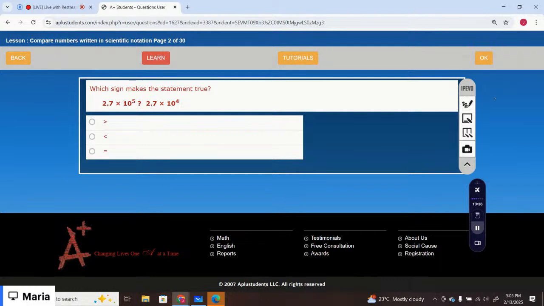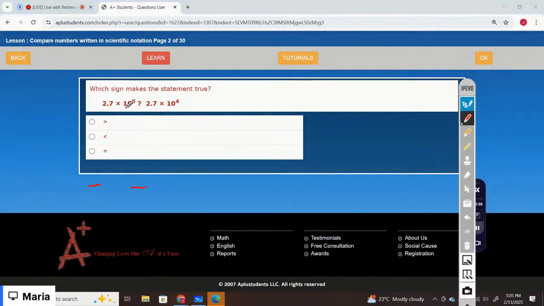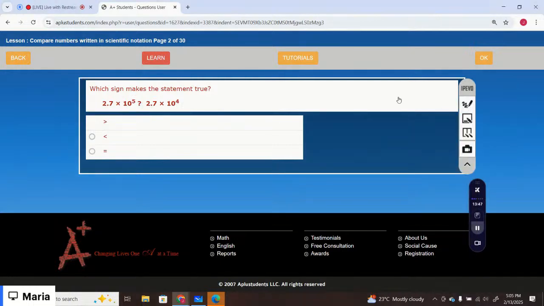Just look at their exponents. That is 5 and 4. So 5 is greater than 4. So then obviously 2.7 times 10 exponent 5 is greater than the other number. Whatever this number is, if the exponent is greater, that means the number is greater.